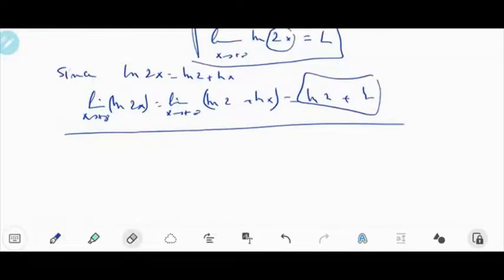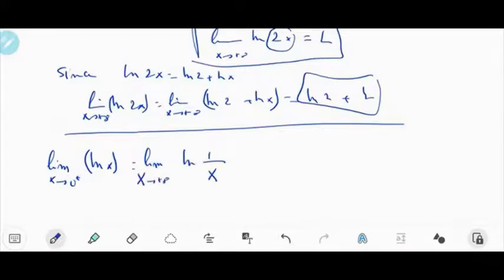Now, what will happen to Ln of x when x tends to 0 plus? So we want to calculate the limit when x tends to 0 plus, of course, because the function is defined on 0 plus infinity, of Ln of x. So it will be equal to the limit of Ln of 1 over big X as big X tends to plus infinity, right?